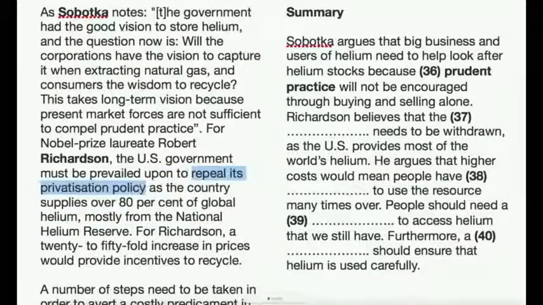If you repeal a law, that means the law will not exist anymore. They're going to take away the law. So that is similar to withdrawn here. So it looks like the answer is here. It's a privatization policy that's being repealed. So something needs to be withdrawn: privatization policy. So it looks like this is the answer.